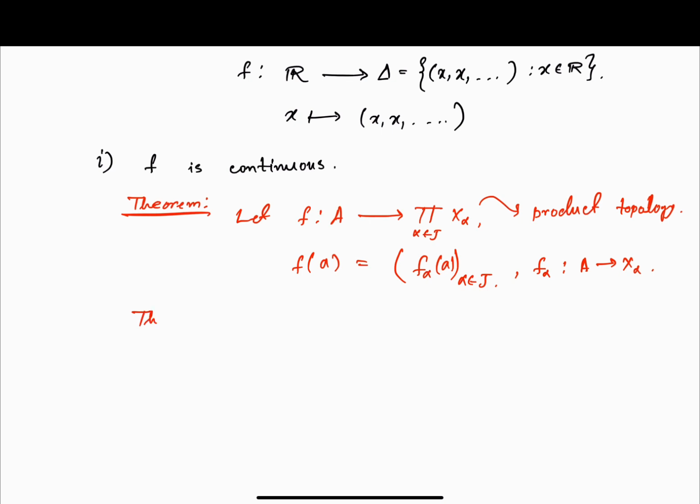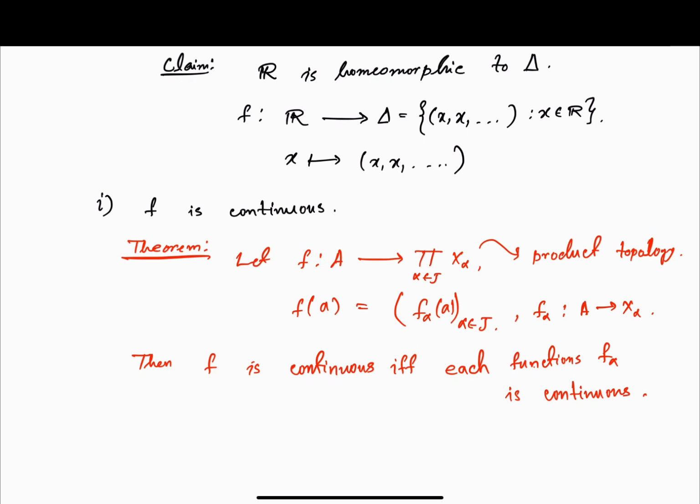Then f is continuous if and only if each coordinate function f alpha is continuous. Right, so we'll use this theorem to prove this one.